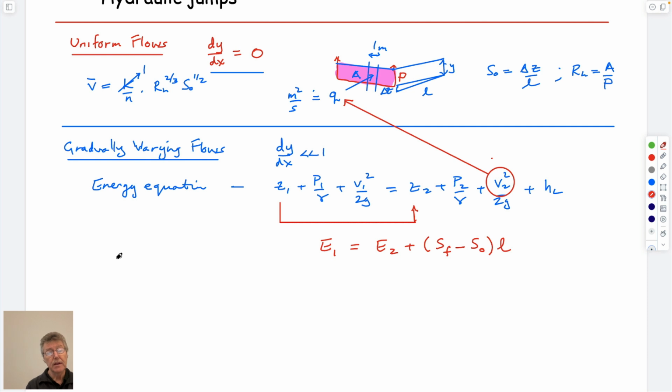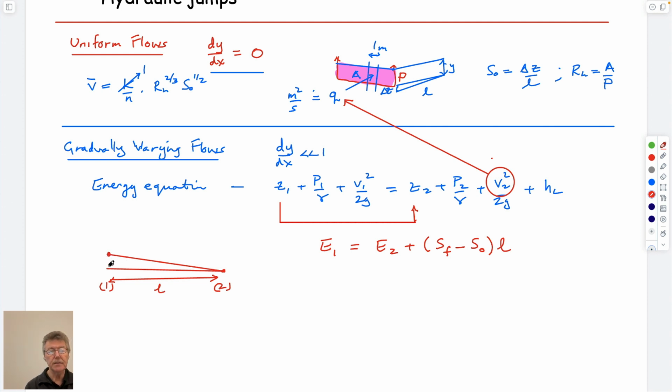And so if we draw a section which is of some length given here between points 1 and 2, the depth length of flow downstream is this.